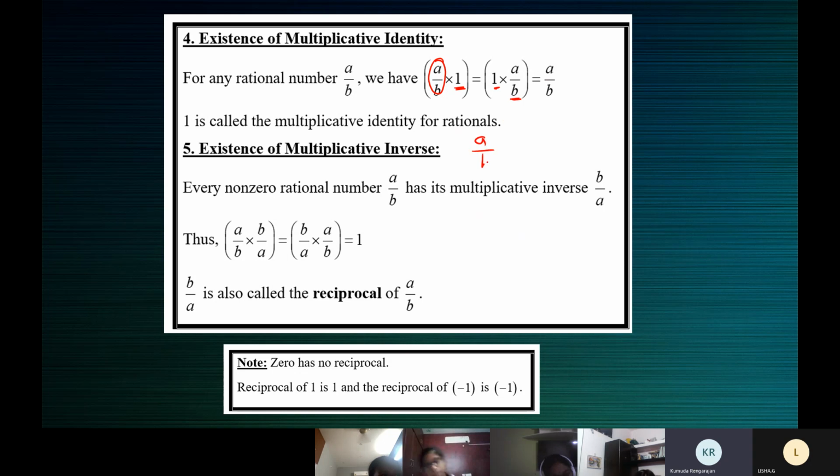In both the cases, the answer is a by b itself. Identical answer. So a by b into 1 is the same as 1 into a by b, and the result is a by b.